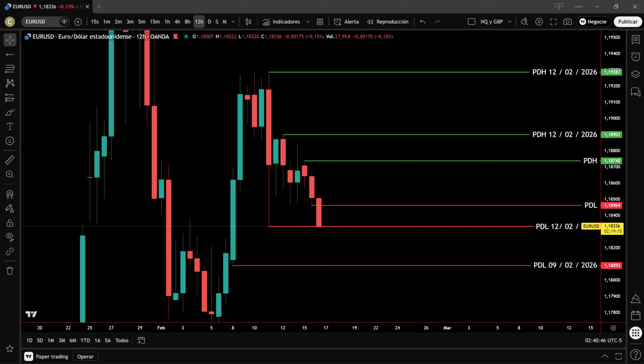In this timeframe, the bearish narrative becomes even more evident. We can see how EURUSD is consuming or systematically taking out the liquidity from previous lows. After the rejection at the upper PDH levels, the price has generated a series of distribution candles that have pierced through the PDL, previous day low, at 1.1846. Currently, the market is trading right at the 1.1833 level, putting pressure on the February 12th low.